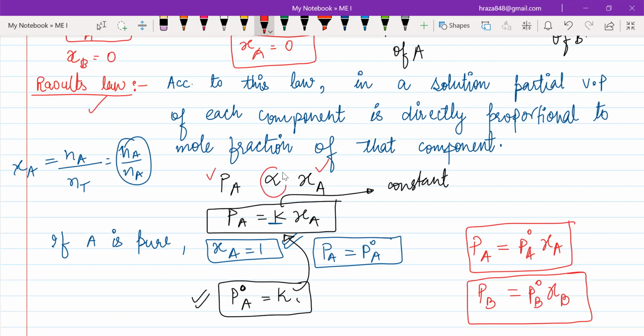And if you remove this proportionality sign, you can directly put the value of pure pressure of that component.